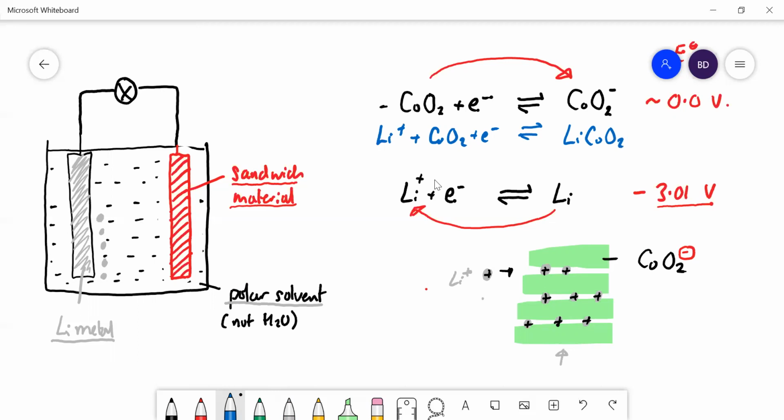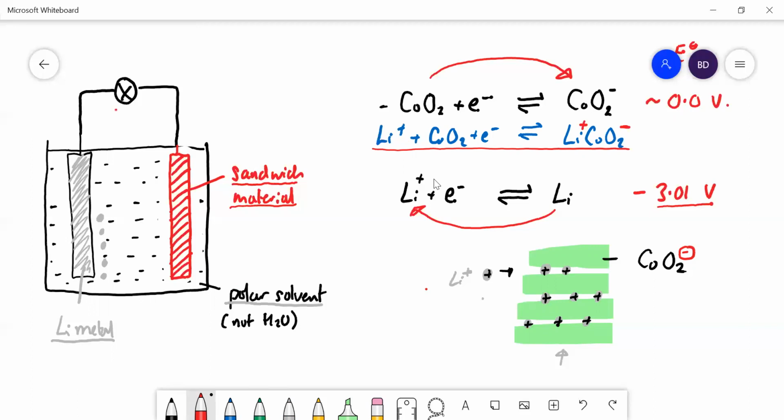I could put the little charges in there to remind us: that's a lithium plus ion, and that species is negatively charged in the sandwich material. So sometimes it is written like I've written in blue there, the same version as above, but without the lithium ions. So that's what happens when you discharge it, when you use it.